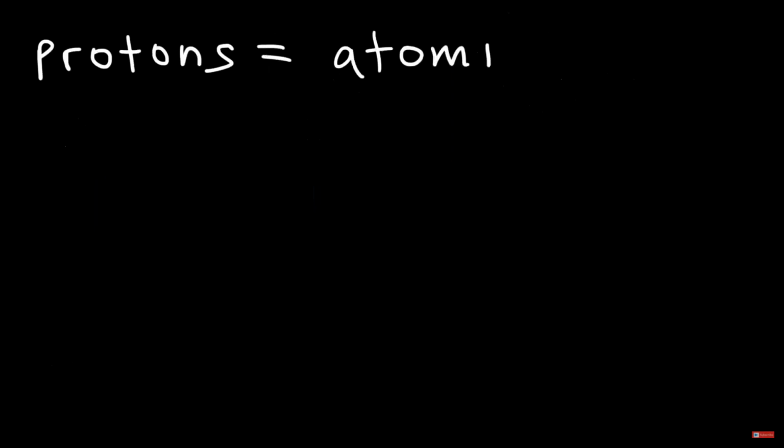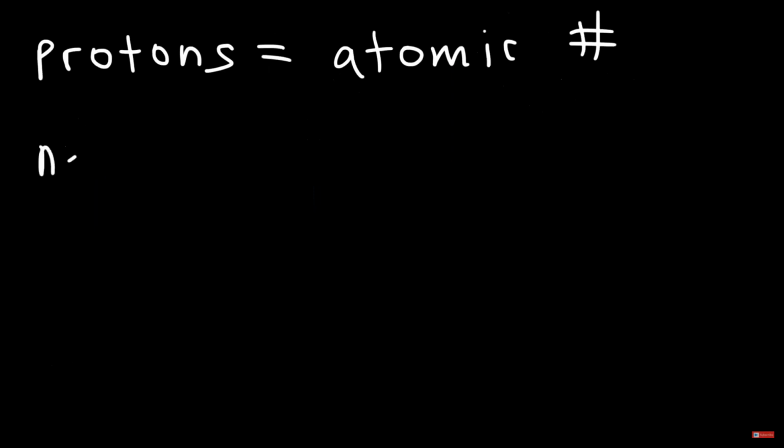Now let's talk about the formulas that we need in order to calculate the number of protons, neutrons, and electrons. So let's start with the number of protons. This is always equal to the atomic number. That's it. So sodium always has 11 protons.